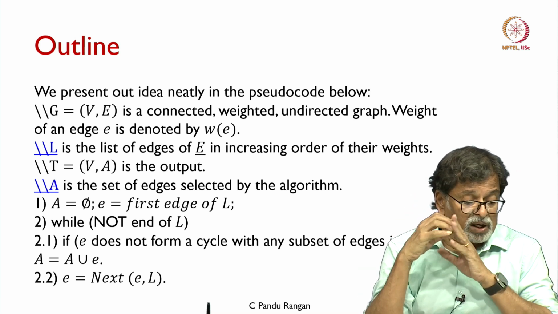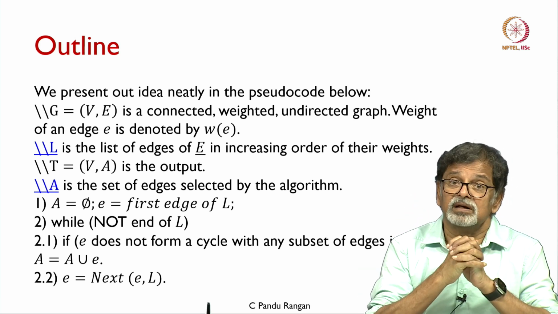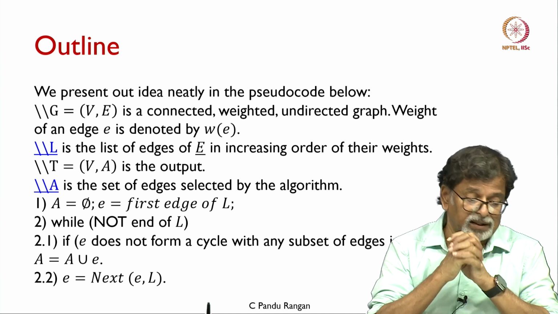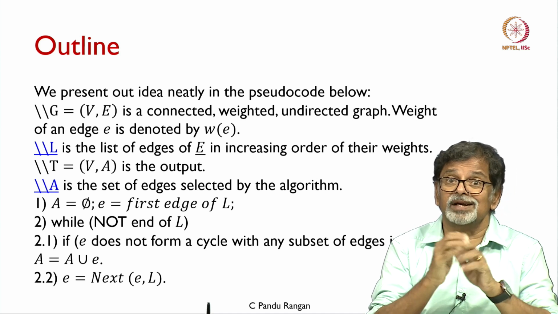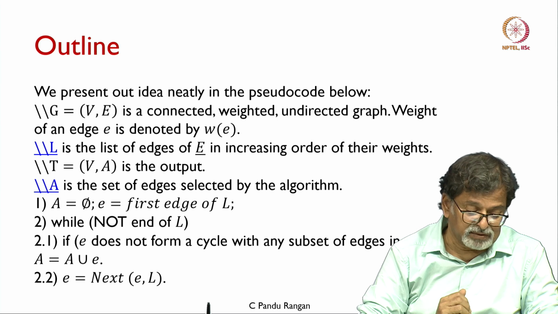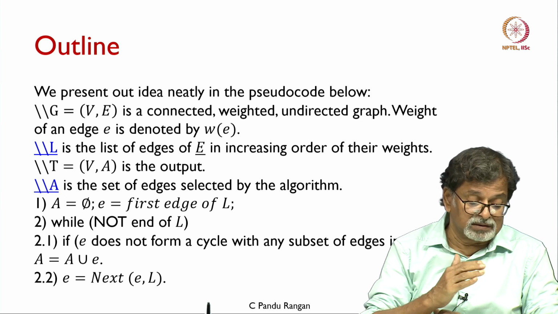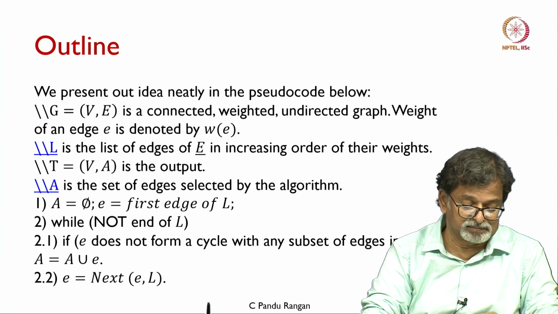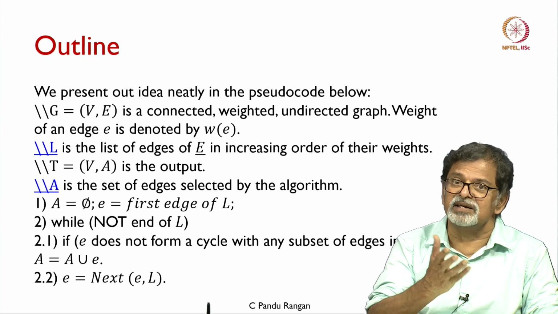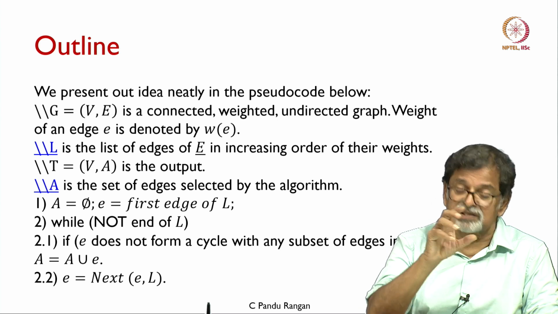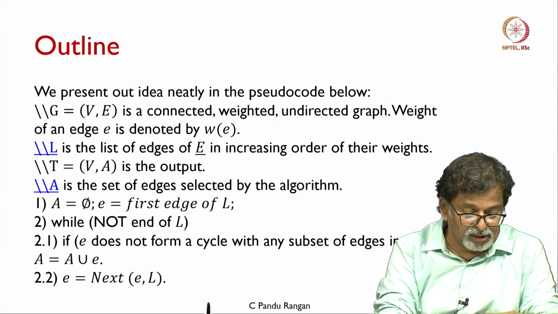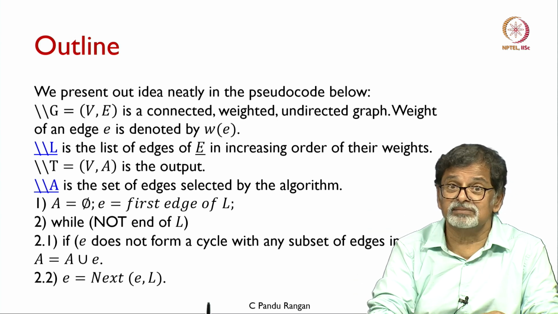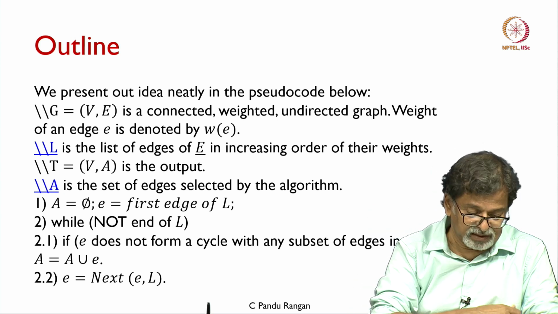Now the output is a minimum spanning tree T, the vertex set is the same, and A is the edge set, and this edge set is going to be selected by the algorithm. Initially A is empty, E is the first edge of L. While not end of L, you are going to consider one edge after another.